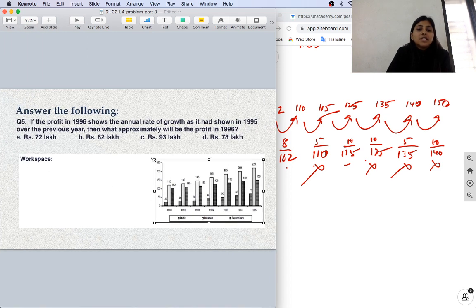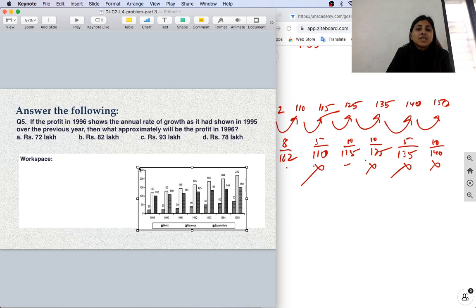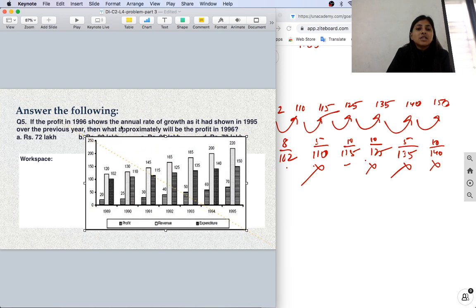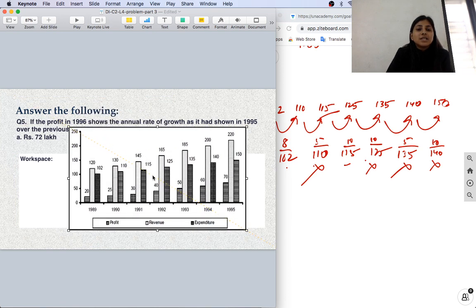If the profit in 1996 shows the annual rate of growth as it had shown in 1995 over the previous year, then what will be the profit in 1996?